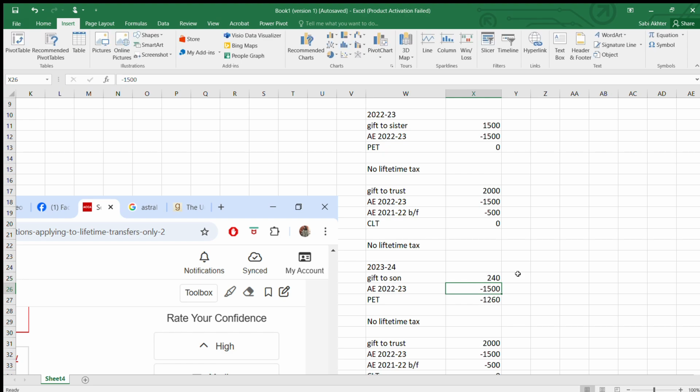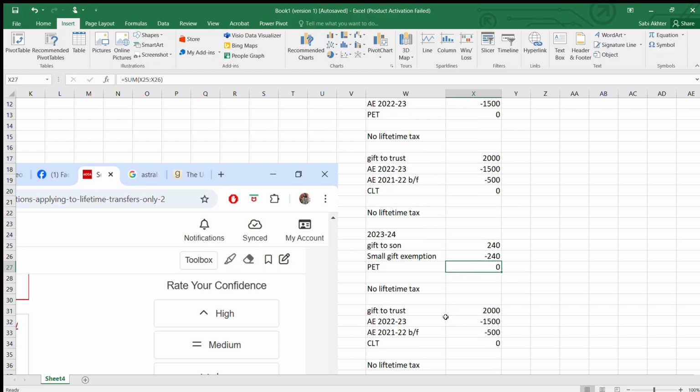Looking at the amount 240, it is less than 250. So you are eligible for the small gift exemption, because it's less than 250. So full 240. Now this is a PET, it is 0. So no lifetime tax. Coming to the next gift, the fourth gift, gift to trust.